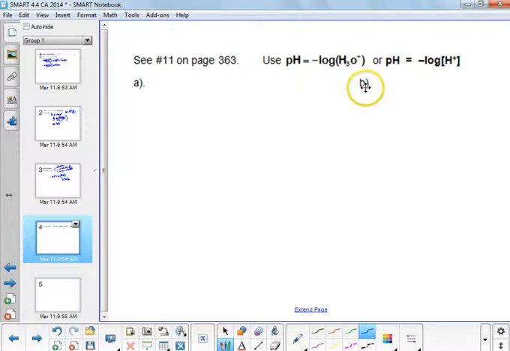Example 11 says find the pH of seawater, which has a concentration of 4.63 times 10 to the negative 9. We're going to type negative and then the common logarithm of 4.63 times 10 to the negative 9th power. On the calculator, negative is a negative coefficient, not a subtraction sign. So negative log 4.63.